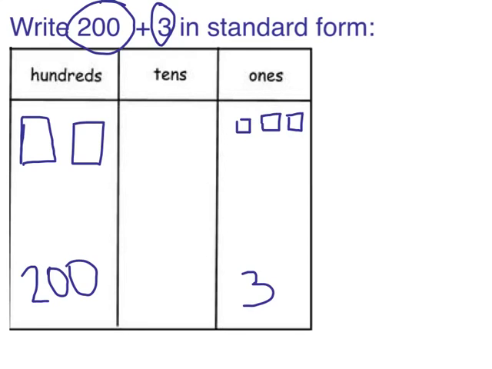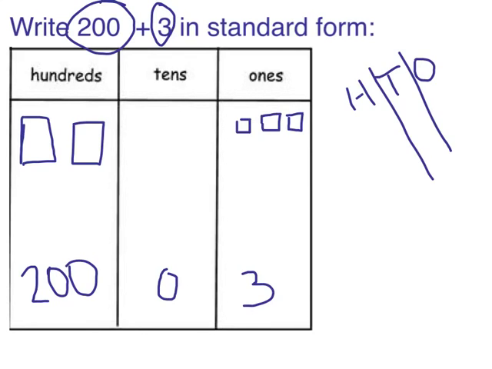I don't have any tens, so I'm going to put a value of 0 there. Now, as I'm building my number, I'm going to put 3 in the ones place and 2 in the hundreds place. To show that I have no tens, I've got to put a 0 in the tens place. My number is 203.